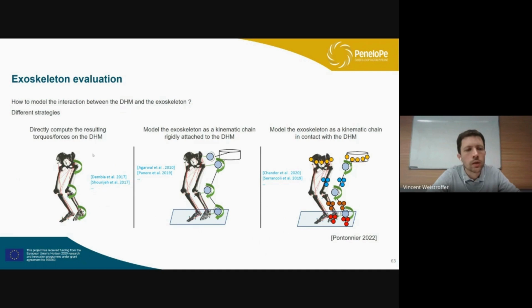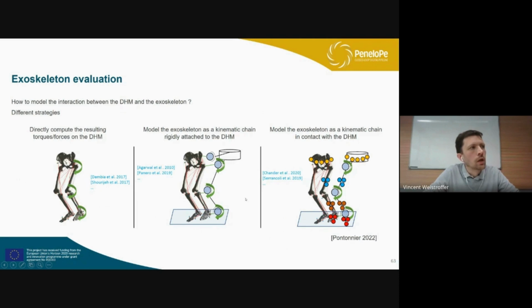The most direct one is to actually model the exoskeleton as only torques and forces that are applied to the digital human model. That's the section on the left side here. So it's really easy to do, but it requires you to compute precisely what the torques and forces applied on the digital human model are. The second strategy is to model the exoskeleton as a kinematic chain that you see here.